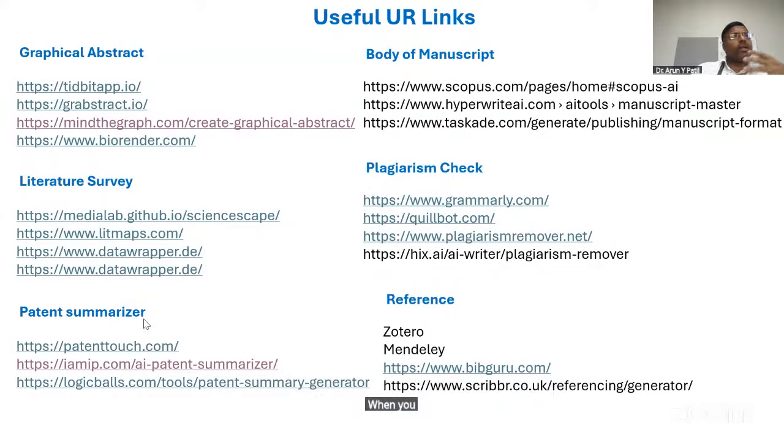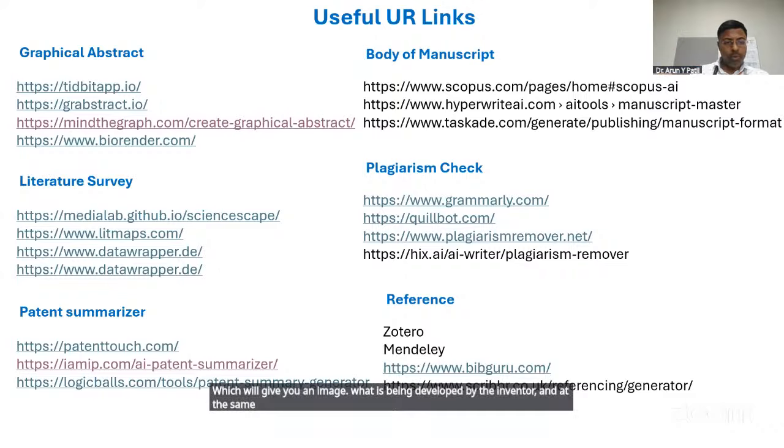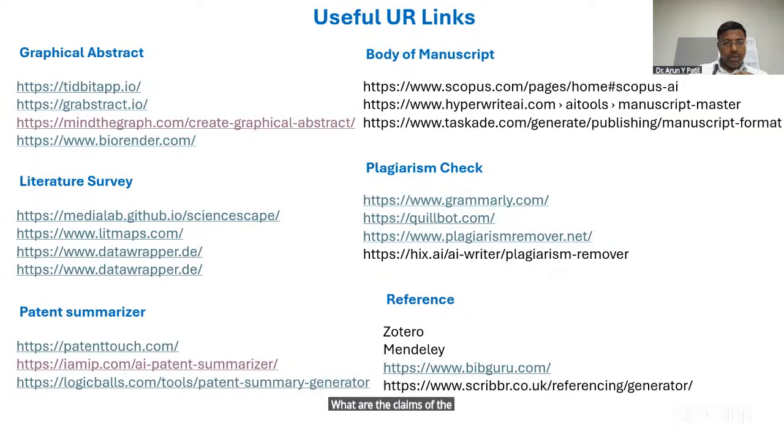When you gather so many patents, you find it difficult to read them, right? Because one patent will have nearly 15 to 20 pages to cover. So there is something called a patent summary, which will give you an image of what is being developed by the inventor, and at the same time it will give you indicators like what the claims of the patent are, which are novel, non-obvious, and unique.